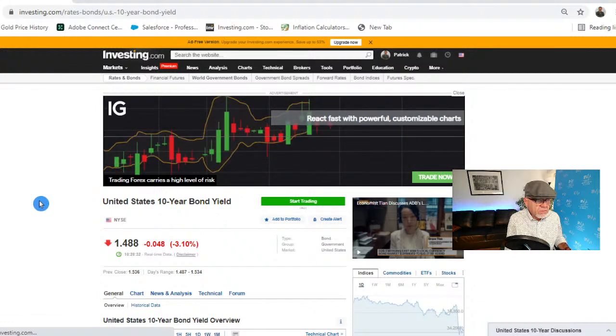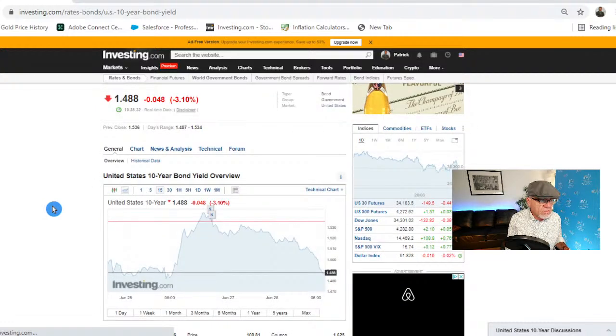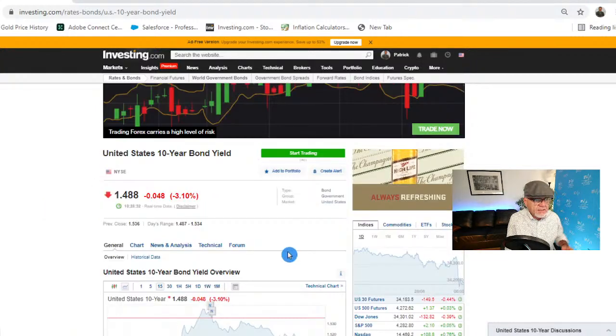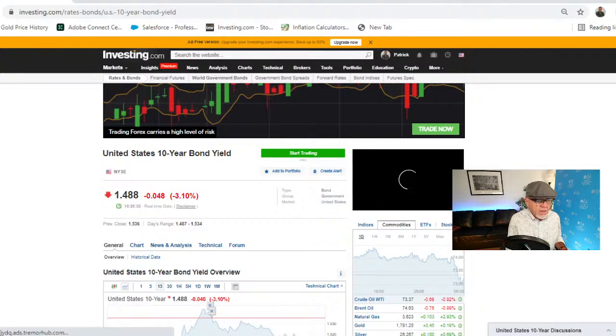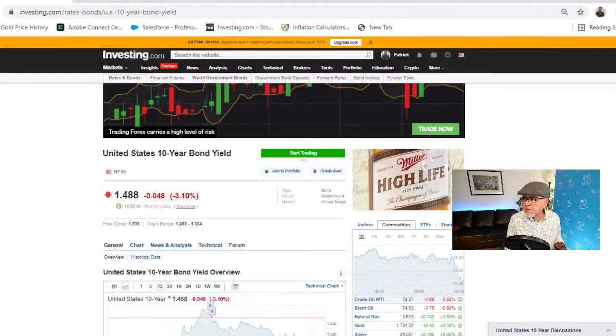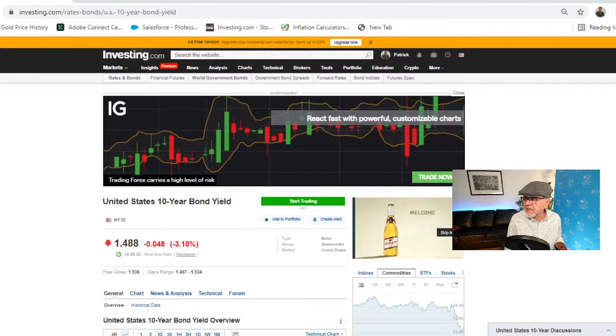And so, once again, what I'm trying to point out to you is the market knows something is happening here that is not inflationary, that more than likely, as I take a look at the possibilities, we're looking at rates reverting back down. 148 on the 10-year note.